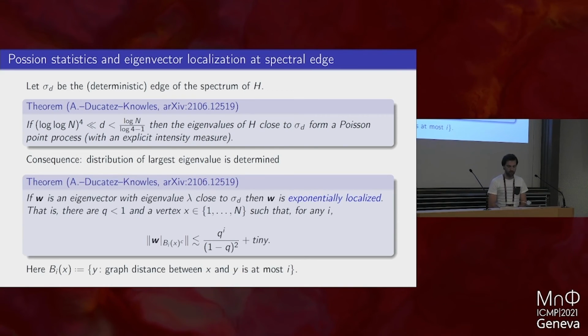And as another interesting result, we also get that the eigenvector corresponding to these eigenvalues is exponentially localized, in the following sense.